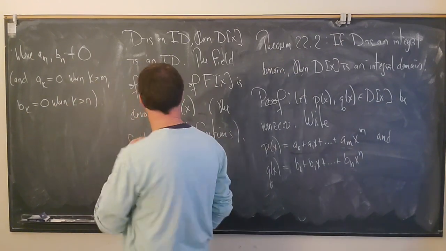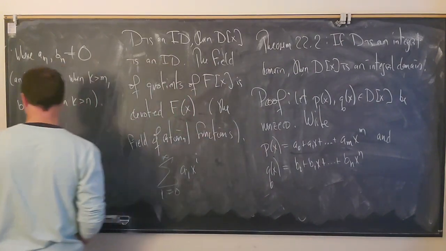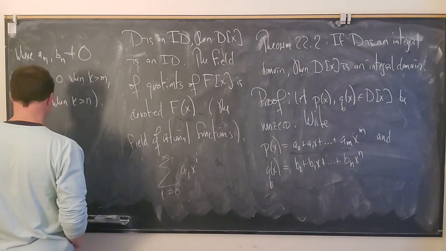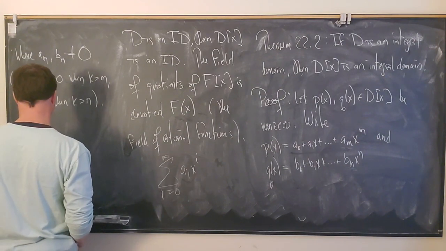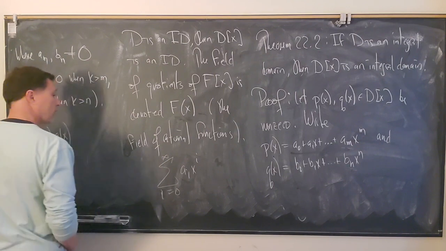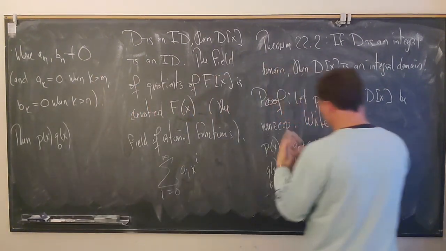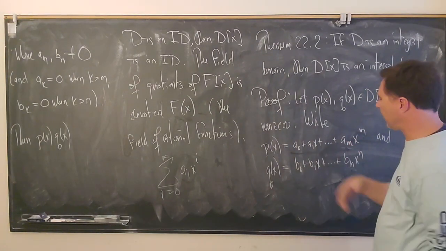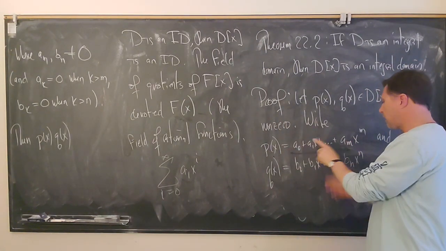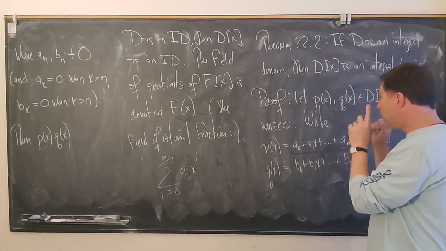Okay, so now when you multiply p of x times q of x, what's going to happen? You're going to get a bunch of mixed coefficients, a0 times b1 and b2 and b0, and so on.